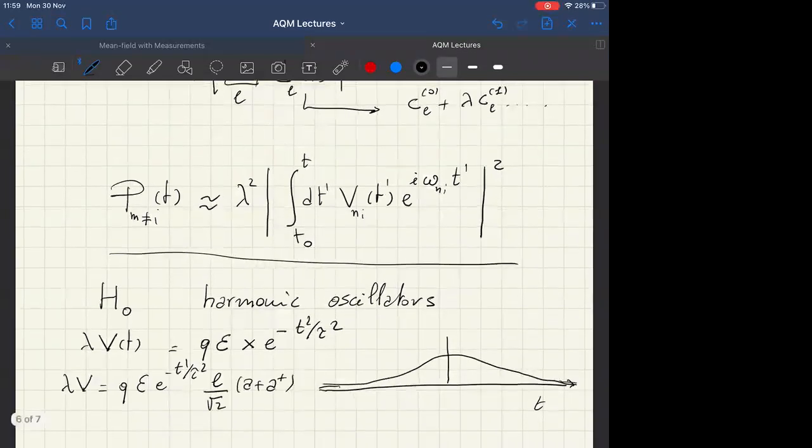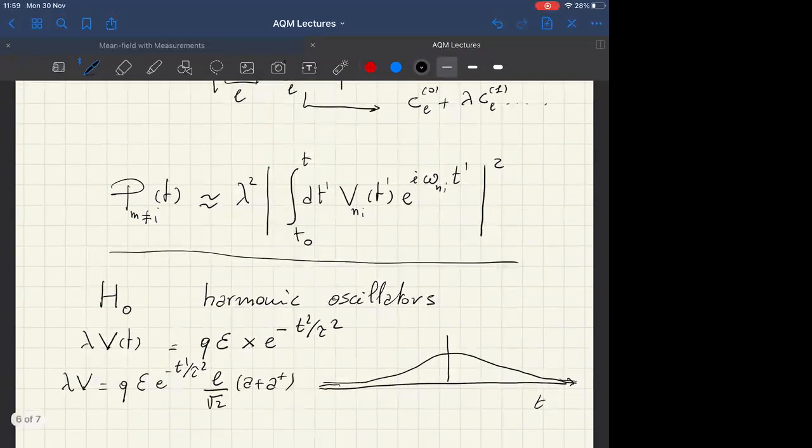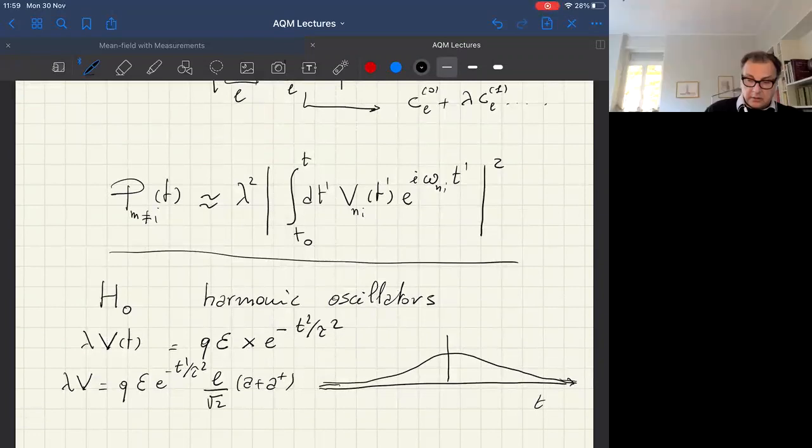Now, Professor, yes. Why don't you have lambda on the right hand side? I just call lambda V in this form. So this would be my lambda, okay? Oh, okay. But it's irrelevant. I'm assuming that the small parameter is the electric field, in a sense. So I just call this whole term here lambda V.